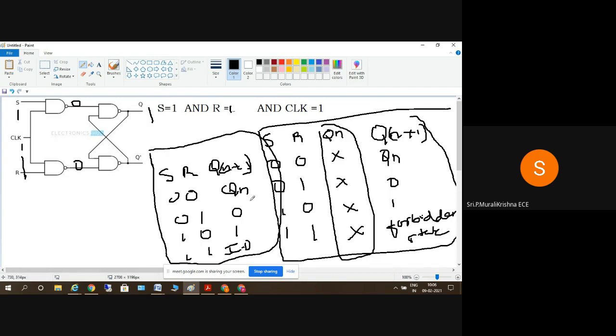For K-map purposes, we will elaborate this. Clear? Okay. Take this truth table and we'll see the elaborated truth table of this one.